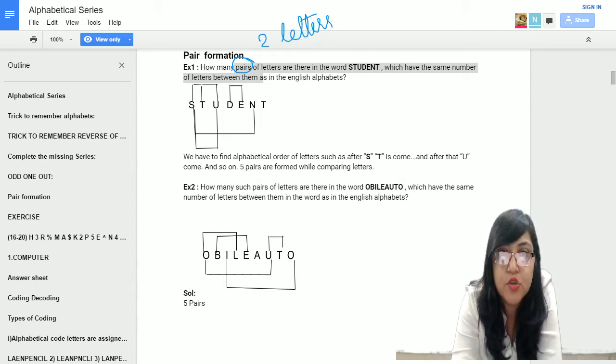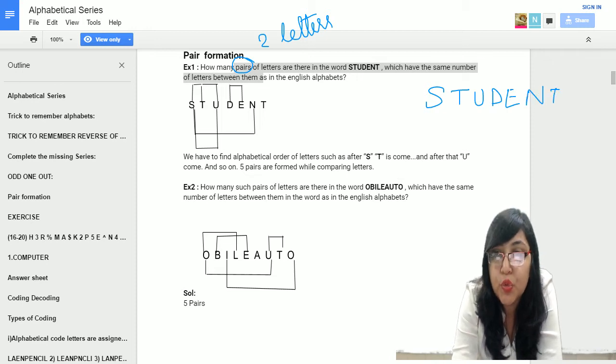What they mean over here is, between whatever letters are there in the word student, in between two of them, there should be the same number of letters as in the English alphabet.